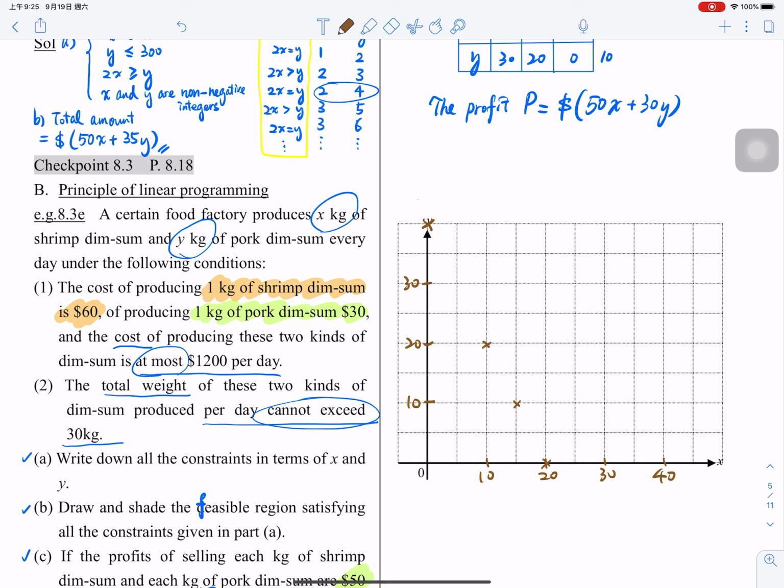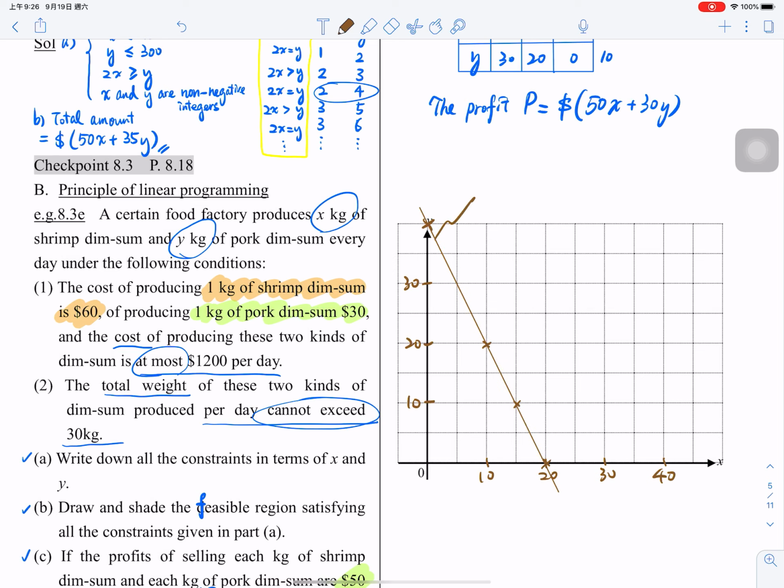Let's see. Draw this straight line like this. Not so perfect. Maybe now have a look. Yeah, that's great. It's better.